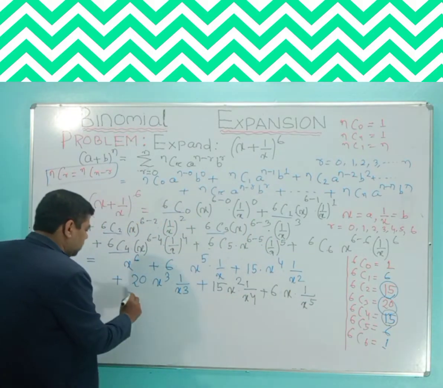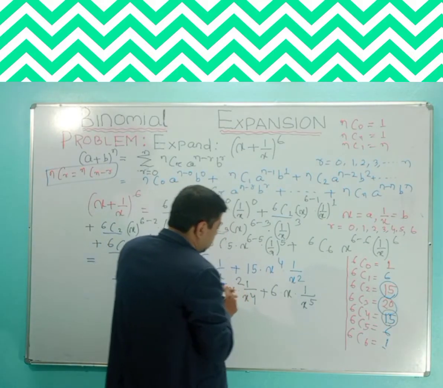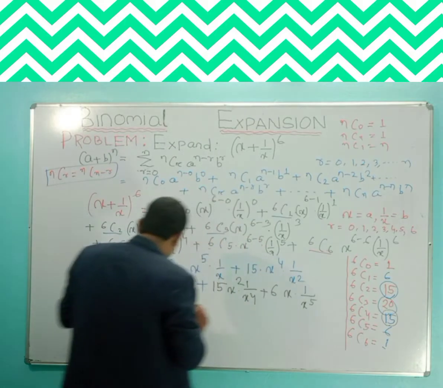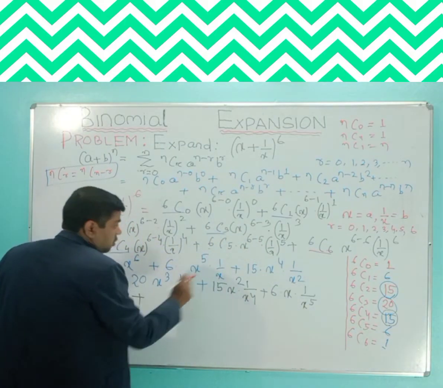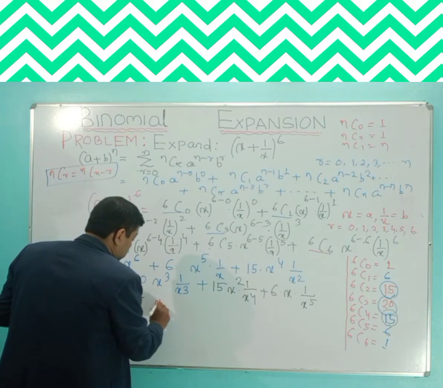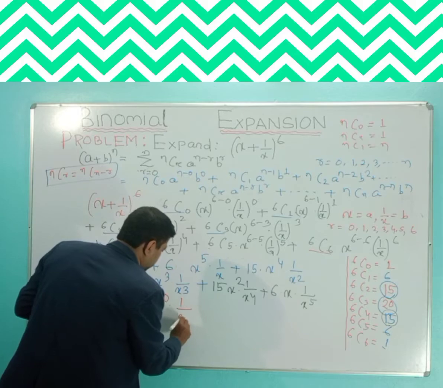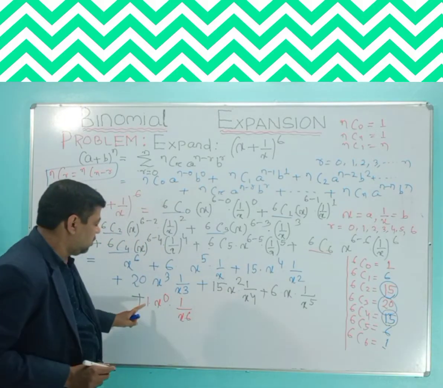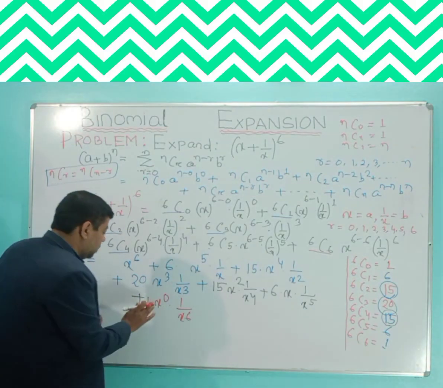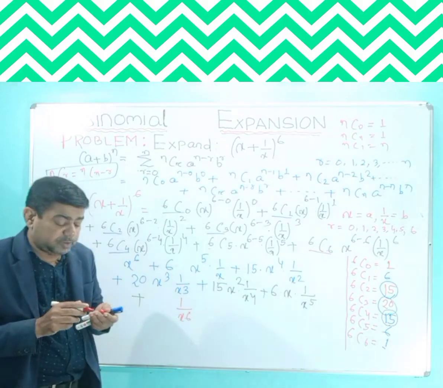And the last term is 6c6, whose value is 1, and x to the power 6 minus 6 is 0. Yes, x to the power 0 into 1 upon x to the power 6. Since 1 is the multiplicative identity and x to the power 0 is 1, we can omit this, so it will be 1 upon x to the power 6.